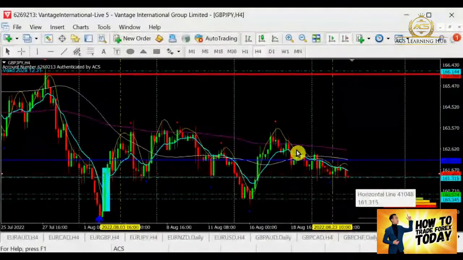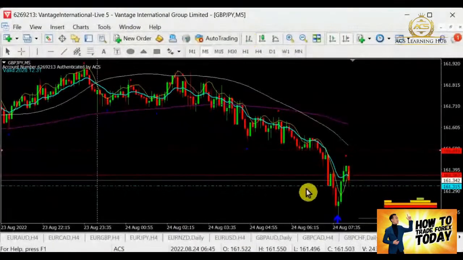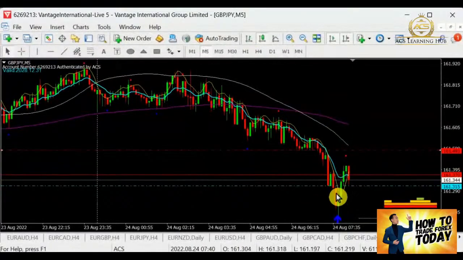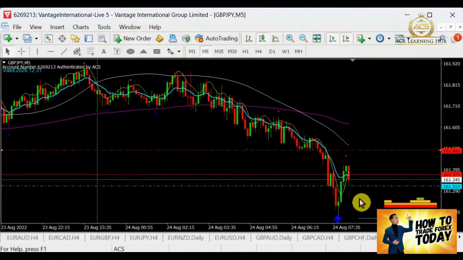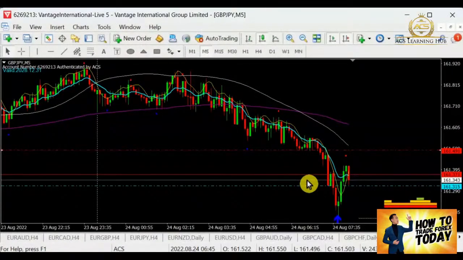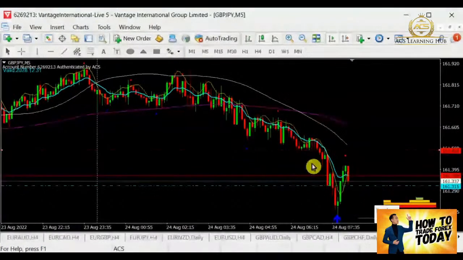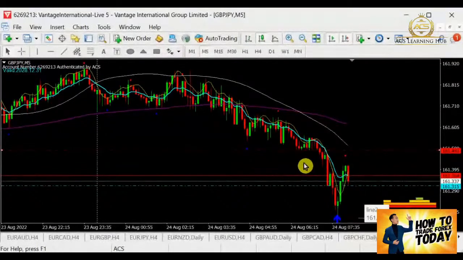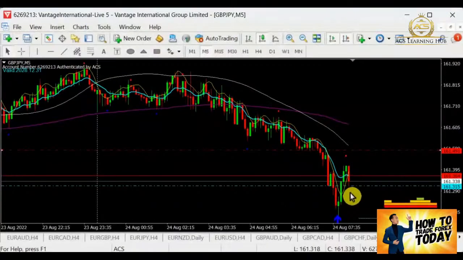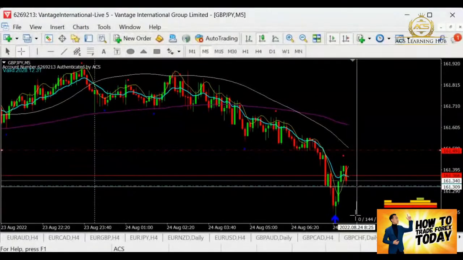If you go down to M5, you can see it stopped here, went down here, went up, and got stopped here. So that looks like an inverse head and shoulder, but not really one. But it looks like one. Tentatively it will be good if we break this level and then retest, then we continue the selling downwards.